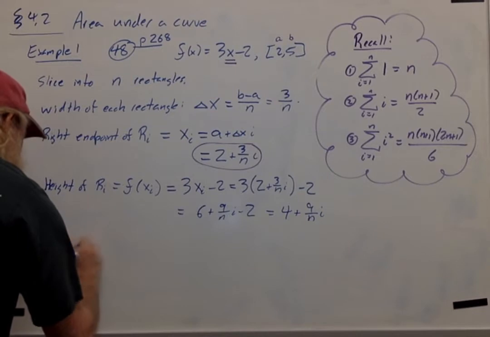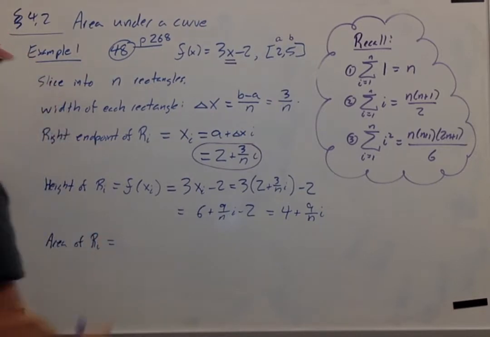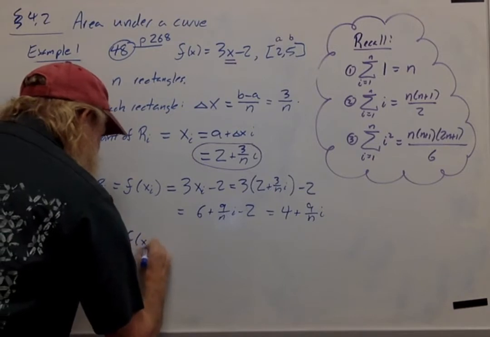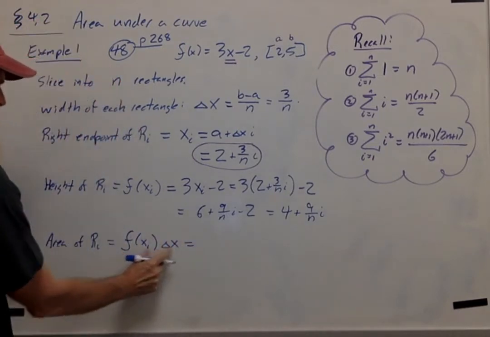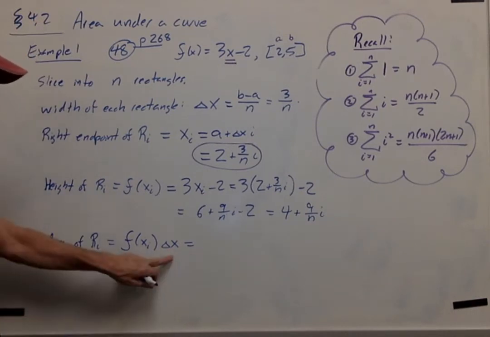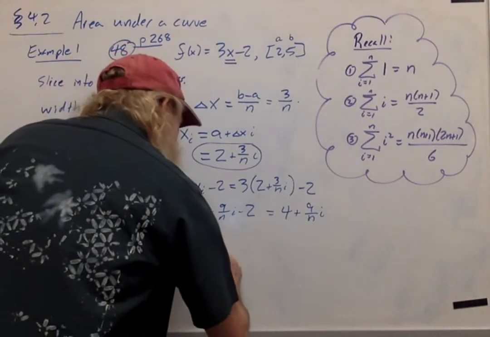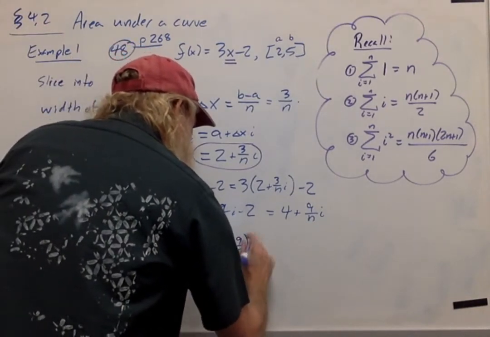So the area of the ith rectangle is f of x sub i times delta x. It's the height times the width, the height times the base. So f of x sub i, we just found, was 4 plus 9 over n times i.